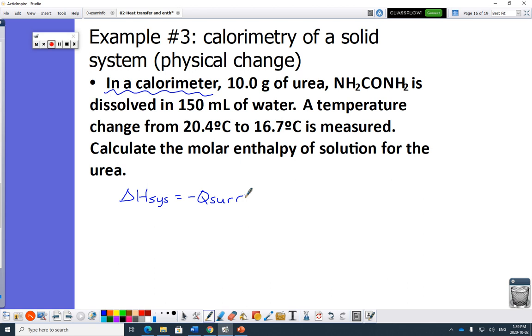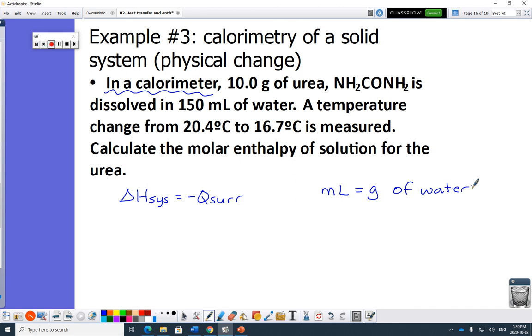So if it's something weird, like this says 10 grams of urea, you don't have to memorize what urea is. I'll give you the formula, so then you can use the periodic table to find its molar mass. You're going to be given the volume of water, so you do need to remember that milliliters equals grams of water, okay?